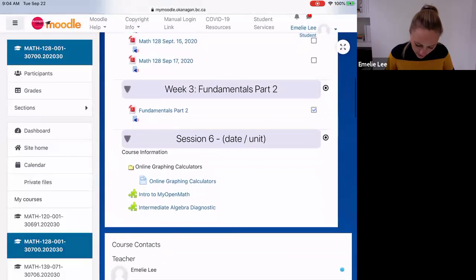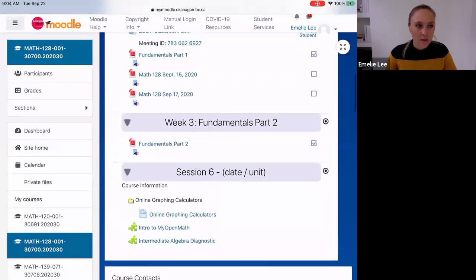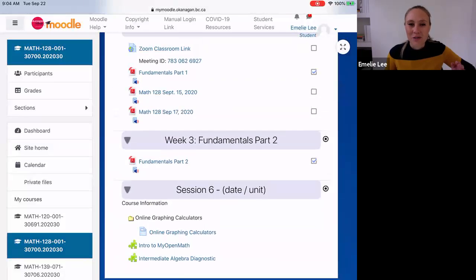Okay, so we've got our fundamentals part 2 that we're going to work through this week. Hopefully we'll get through all of it. Typically I don't get through 1.3, it takes a long time, so we'll see where we get to today. But we'll finish up the fundamentals from last week. We had just a little bit left.